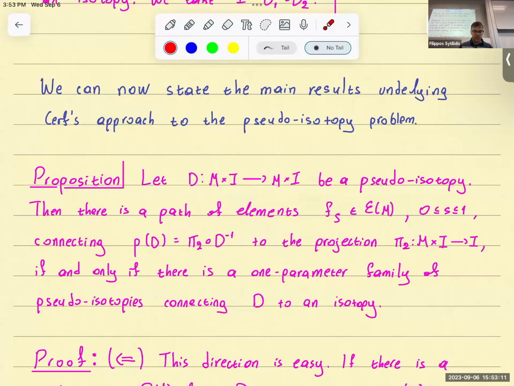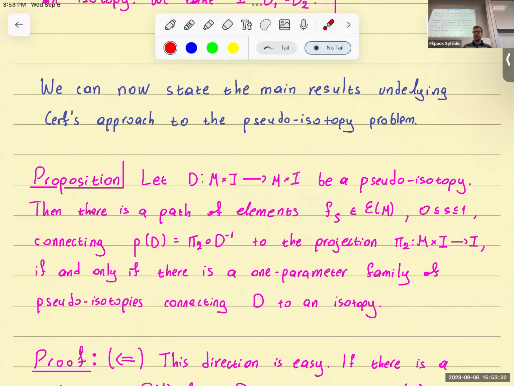And that question is entirely equivalent to: is the pseudo-isotopy D isotopic to an isotopy? Right, so a priori, I know that this space E(M) lives inside this huge space of all smooth functions, potentially with critical points.